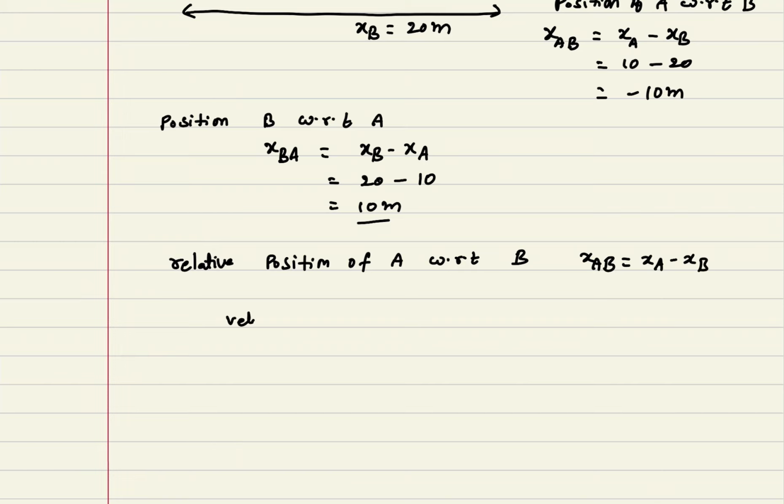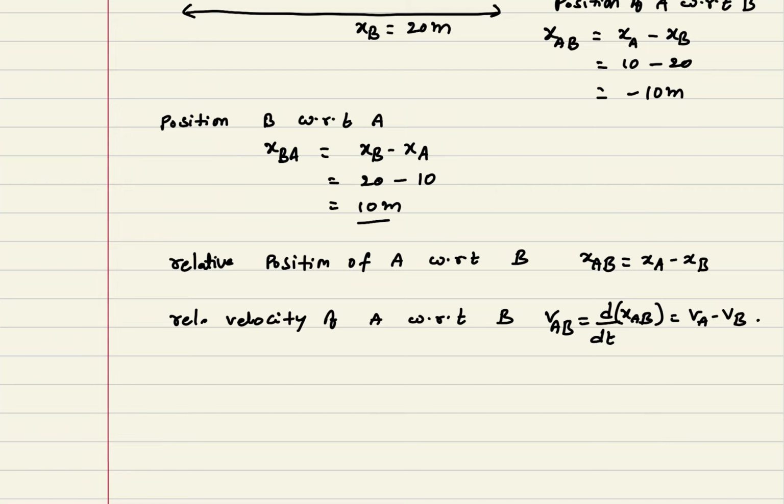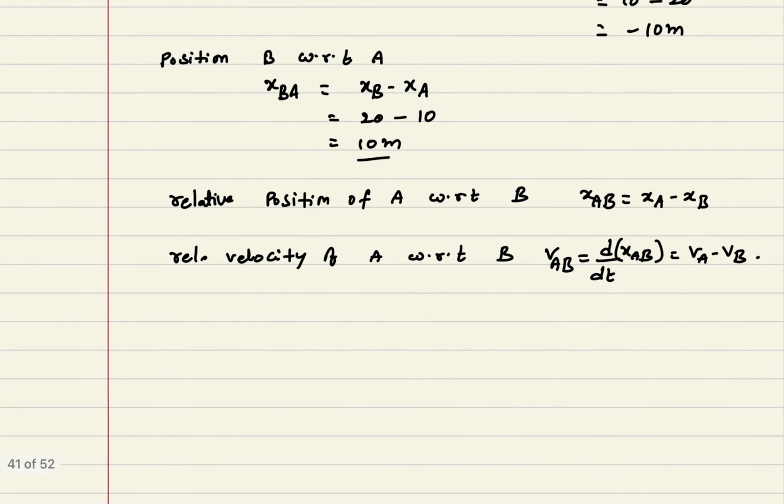Now if I want to calculate the relative velocity of A with respect to B, the velocity of A with respect to B is equal to d by dt of xab. What I am calculating is the instantaneous relative velocity. We can write it as VA minus VB.